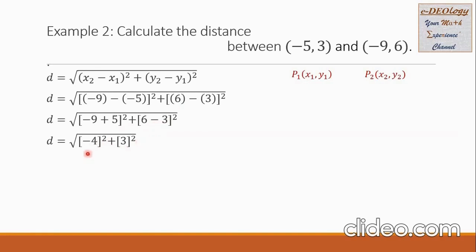Then we simplify again. The square of negative 4 is positive 16 plus the square of 3 is 9. 16 plus 9 is 25. And we can simplify the square root of 25 to be 5. And our answer for the distance is 5 units.